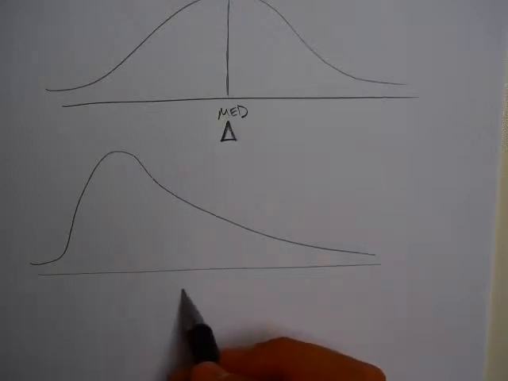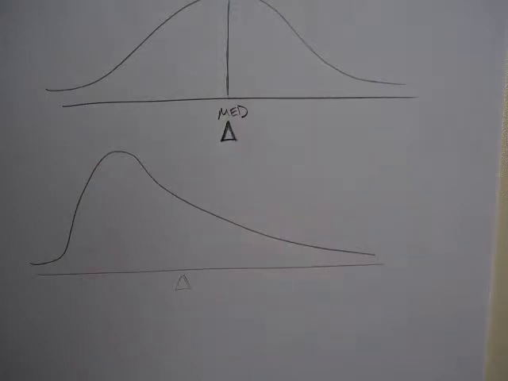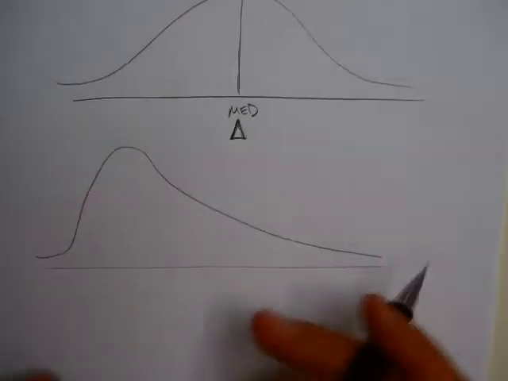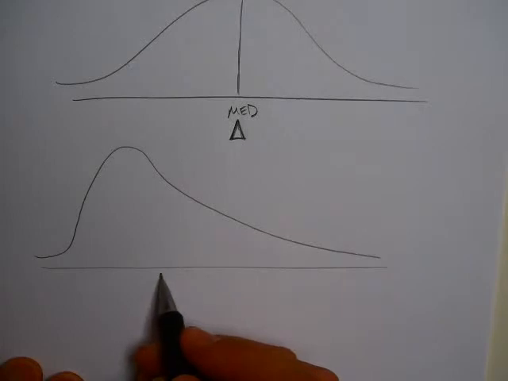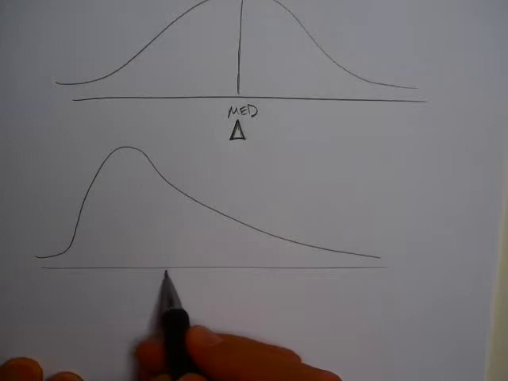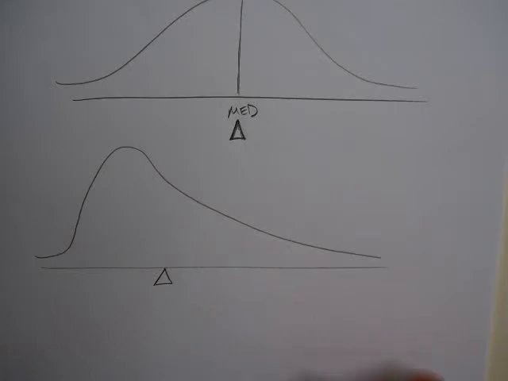Where do you think I would have to place this fulcrum triangle for it to balance? A little bit farther this way? Okay. How far? No? Back this way? Right there. Yeah. A little bit to the left.